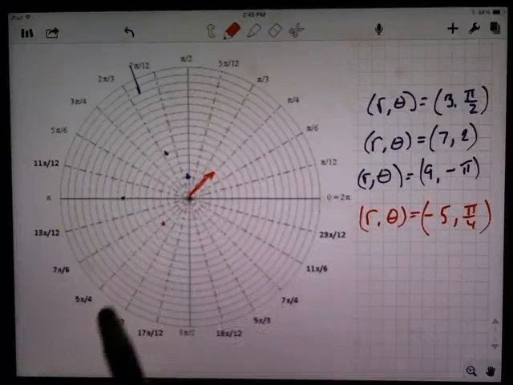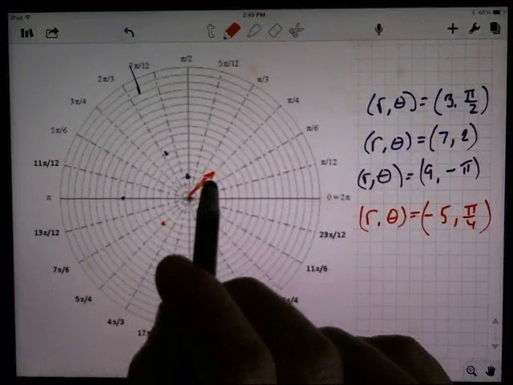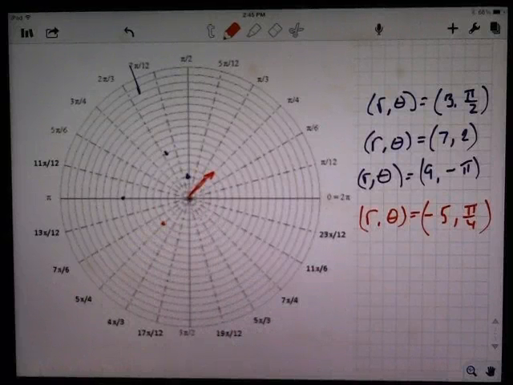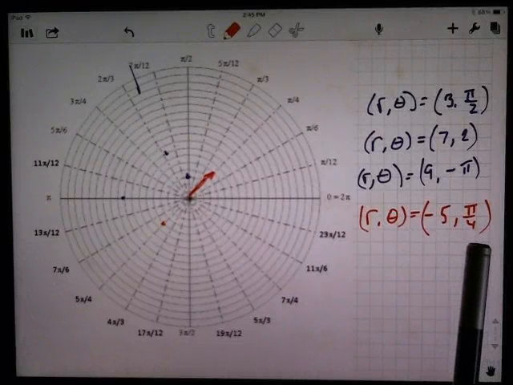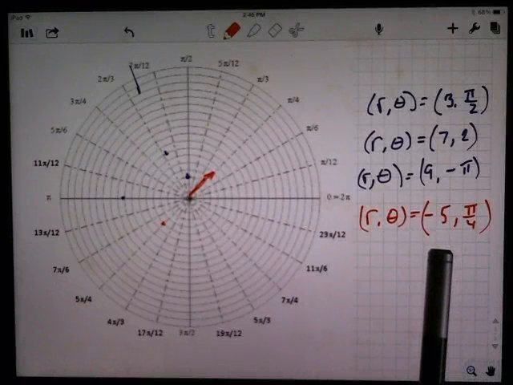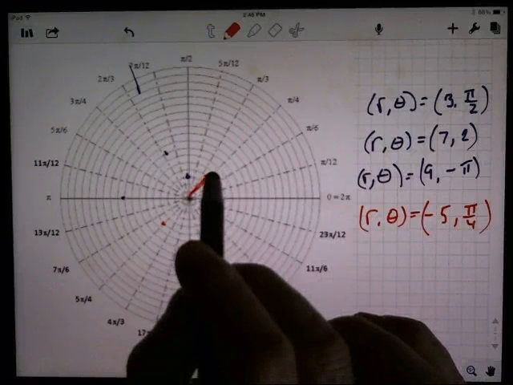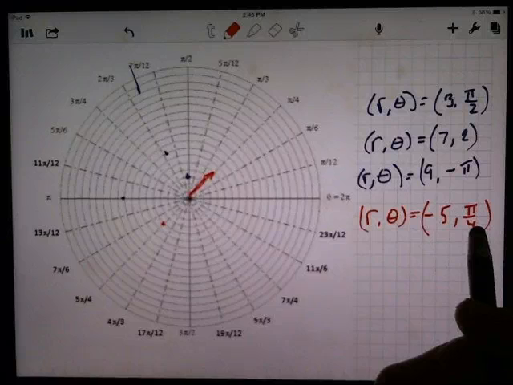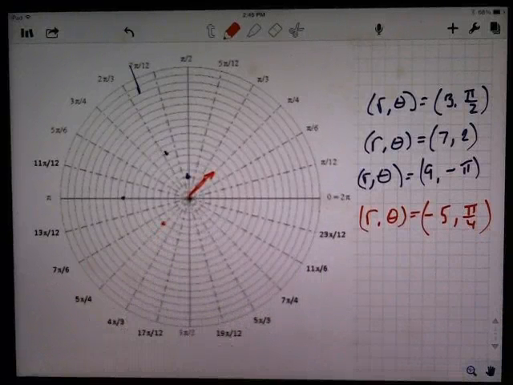That's my spot right there at negative 5 comma pi over 4. Look in that direction of pi over 4 and back up. This is something that's going to take a little bit of getting used to, of having that negative r value, but it just means face this direction but back up as you're looking in that direction. Okay, so even though pi over 4 is a first quadrant angle, the point negative 5 comma pi over 4 ends up being in the third quadrant because the r coordinate is negative.